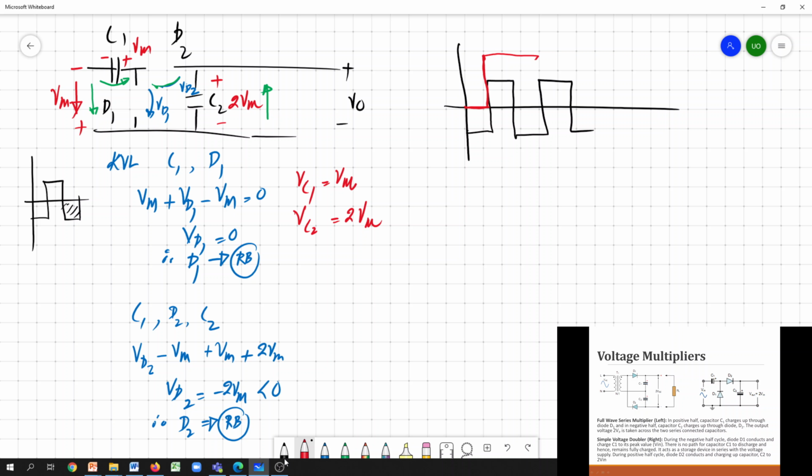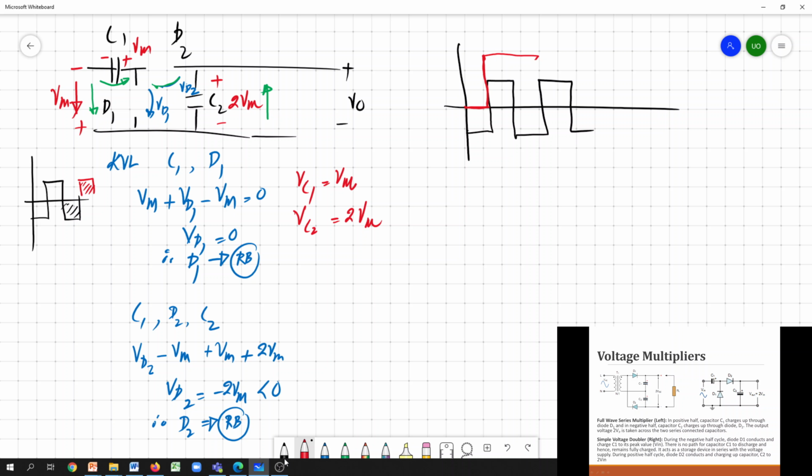If you consider the second positive cycle, again your input diodes definitely become reverse bias and your output is simply isolated from the input. So like in this figure, once D1 and D2 get reverse bias, your input is simply decoupled from the output.